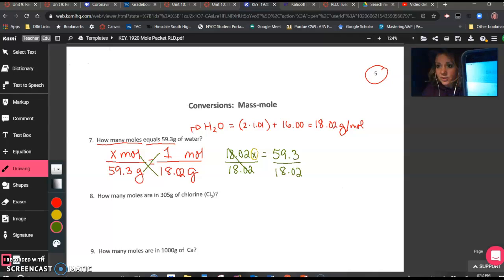So it needs to look like that in your calculator. The top number, the division sign, and then the bottom number. Then you hit your equal sign.